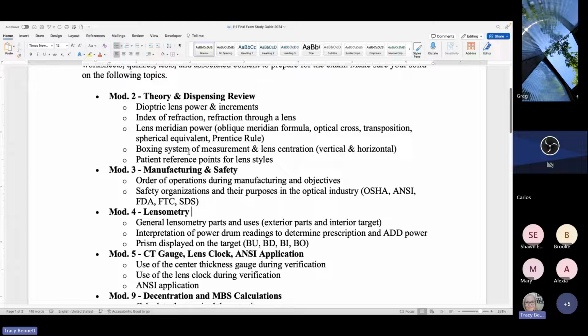Understanding that boxing system, there was one thing that I wanted to show you guys from the last one. One second, let me pull up some pictures.